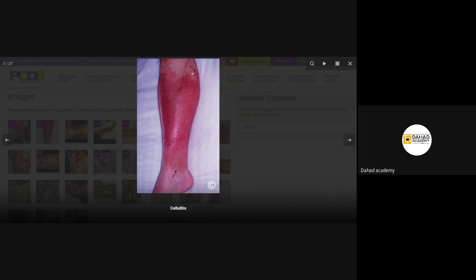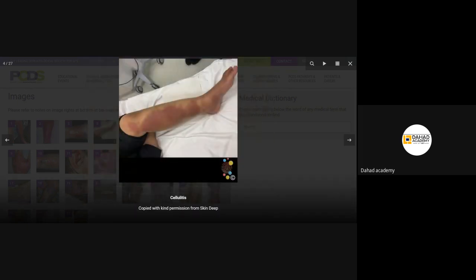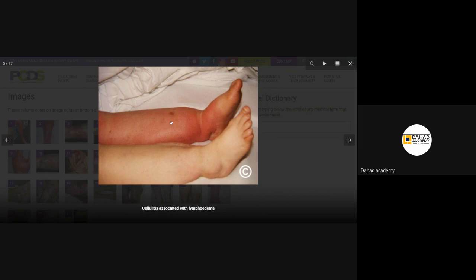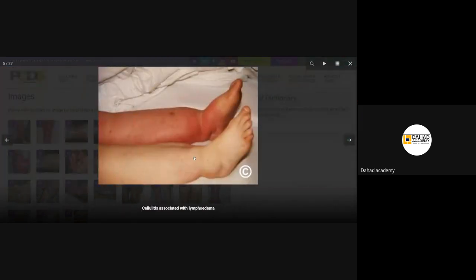Can you see the cellulitis? Redness, hotness, swelling. This is cellulitis. You can take some swabs from here as well. Another case of cellulitis, and this is cellulitis on top of edema, which we call cellulitis associated with lymphedema. You can see this leg is absolutely fine and this one is cellulitis.